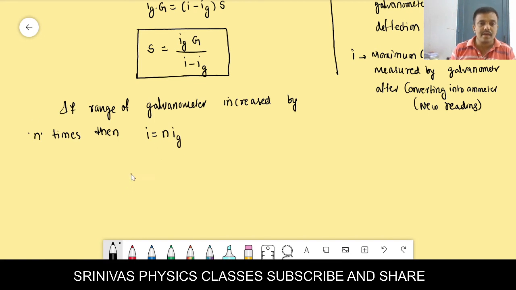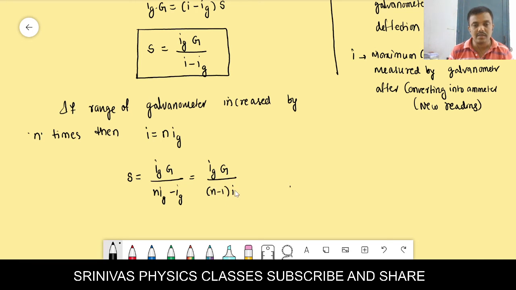Then how much shunt resistance should we connect? S is equal to Ig times G by I, where we write I as n Ig minus Ig. We can take Ig common in the denominator, then we get the next equation, Ig G by (n minus 1) Ig.